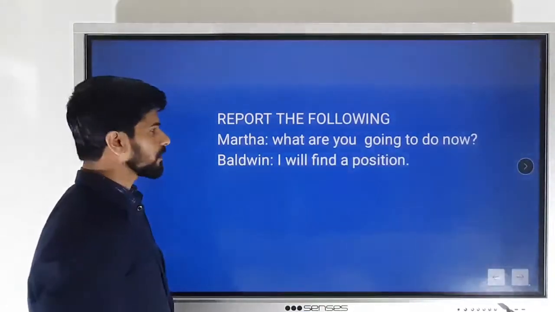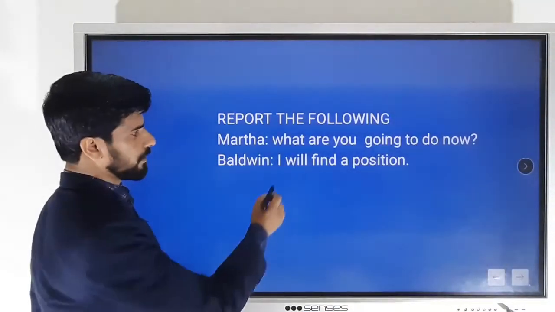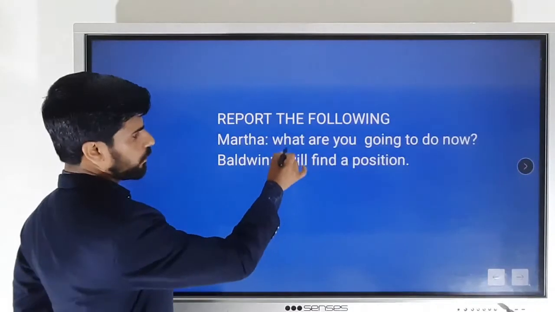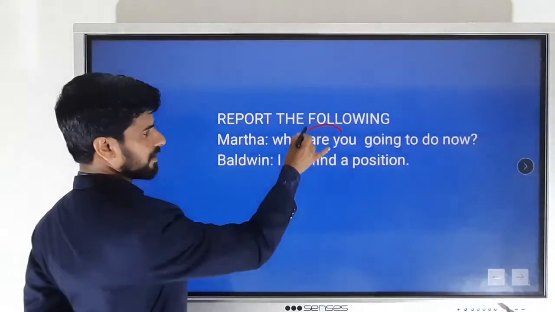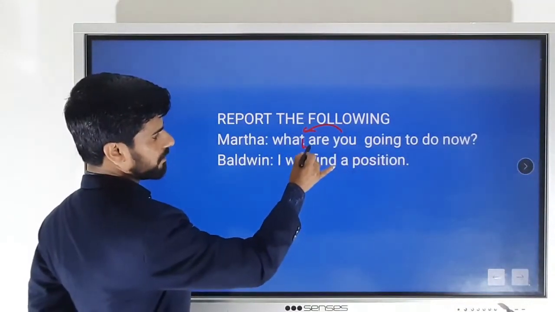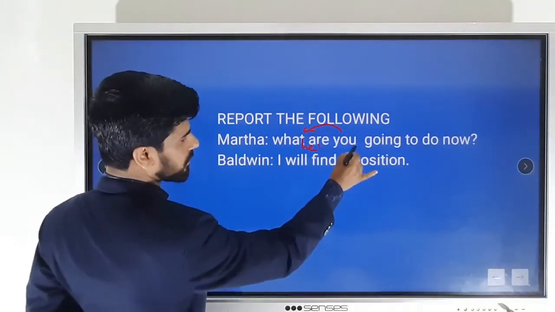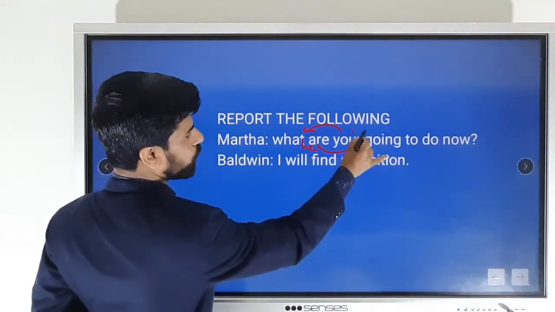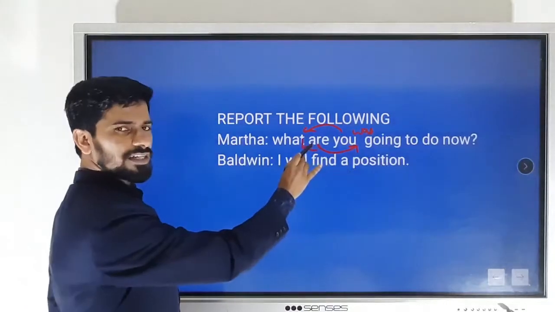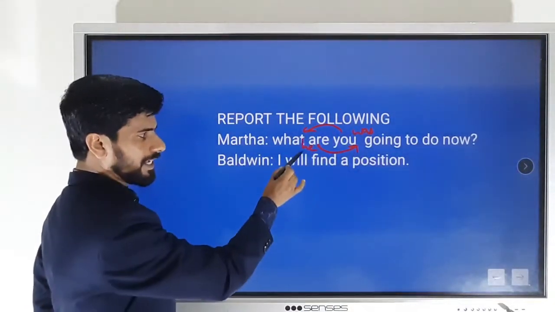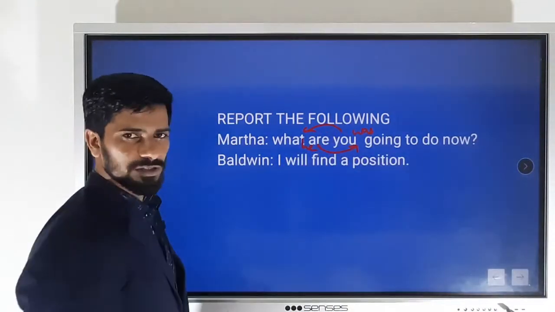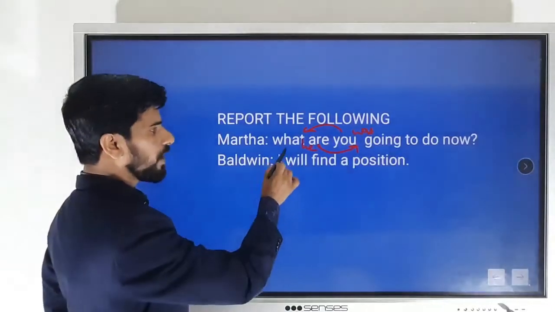Right. Martha asked what. "You" comes here and becomes "he," right? What he, and "are" comes here and becomes "was." Why? Because "are" is the present form, you have to make it past, and "he" is singular, so "was." Singular past is "was."